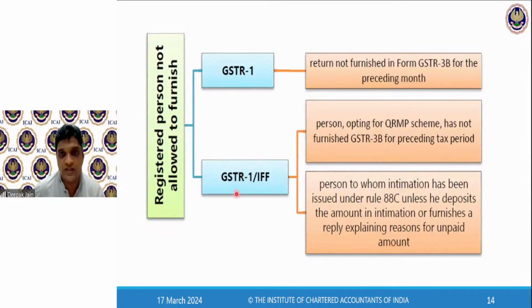And for a GSTR-1 or IFF filer, if the person opting for the QRMP scheme has not furnished 3B for the preceding tax period. And for both, persons to whom intimation has been issued under 88C, unless he deposits the amount in the intimation or furnishes a reply explaining the unpaid amount within 7 days. If he doesn't do this, then his return will be blocked.